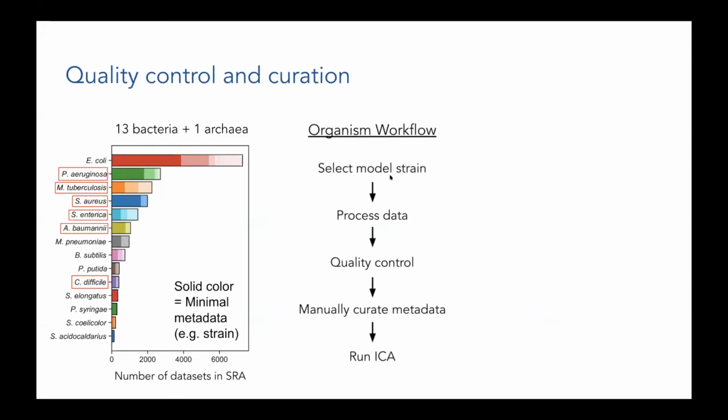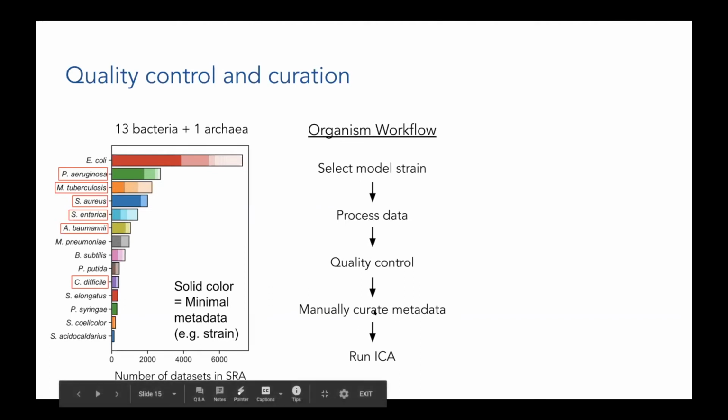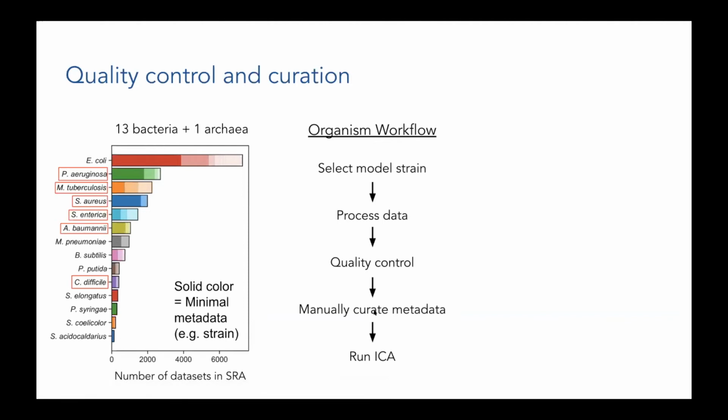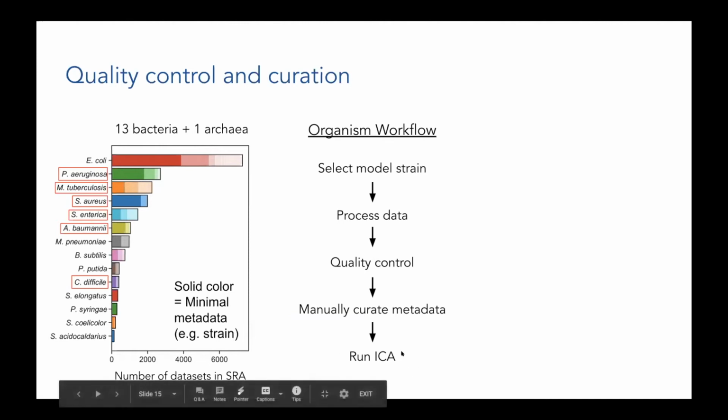For each of these organisms, we selected a model strain, processed the data, did some quality control, manually curated the metadata by going back into the literature and getting information such as carbon sources, strain identifiers, any stress or antibiotics that were used. And then we ran ICA on this to compute iModulons for each of these organisms.